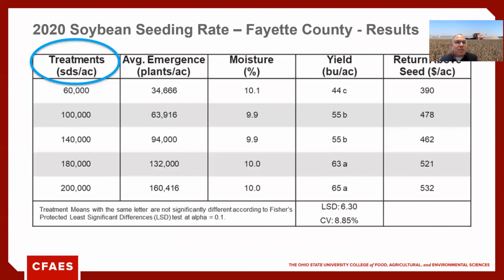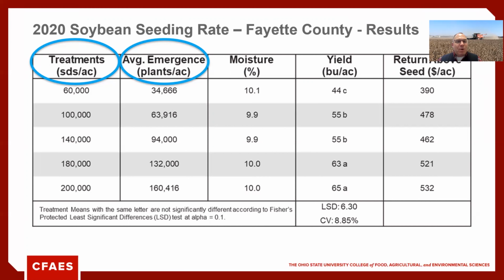When we look at our treatments, we tried to set them up in 40,000 seed increments. We started as low as 60,000. But if you'll notice, when we did our actual stand counts, we had quite a variation from what we thought we planted and what actually grew. I don't know if this was a calibration issue with the planter, or a slight crusting issue once we got them planted and got a few heavier rains.